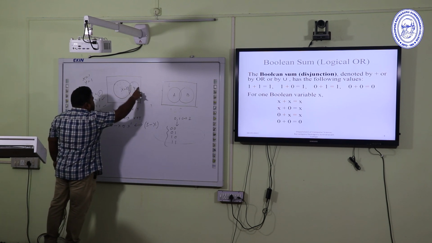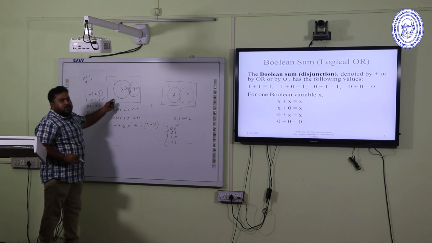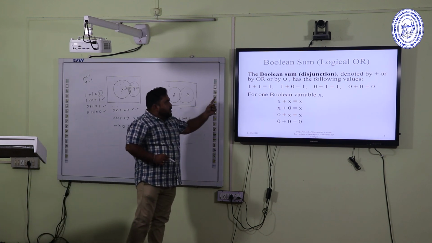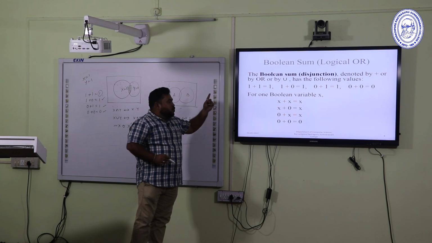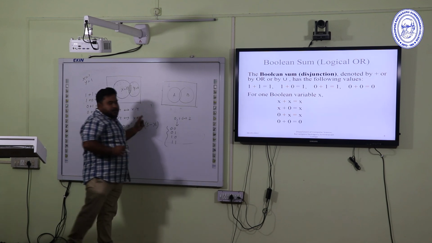And if x is equal to 0 and y is equal to 0, both are 0, that means no element exists. So in that case, we can tell that the Boolean sum or disjunction operation follows there.